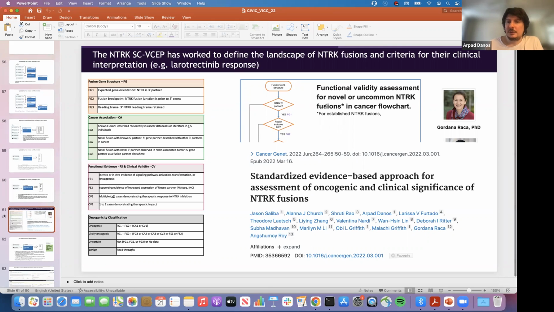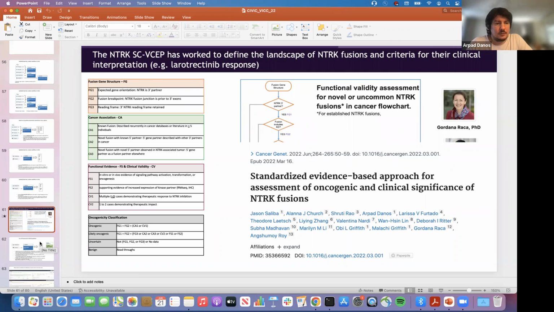For NTRK fusions, there's a SCVCEP, a Somatic Cancer Variant Curation Expert Panel with ClinGen, that has been working for a while on developing guidelines for NTRK fusion oncogenicity. And we want to open up our oncogenic assertion to accommodate these guidelines.